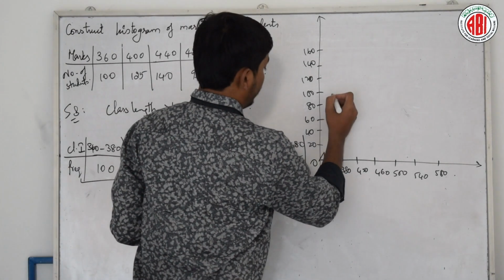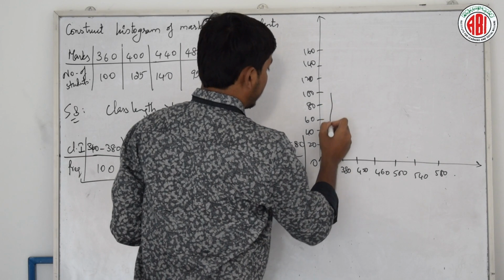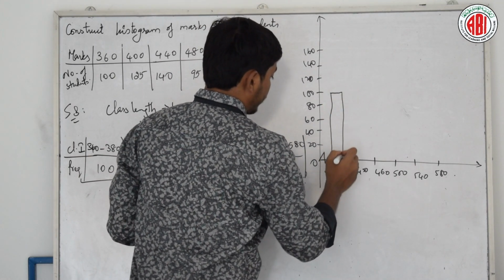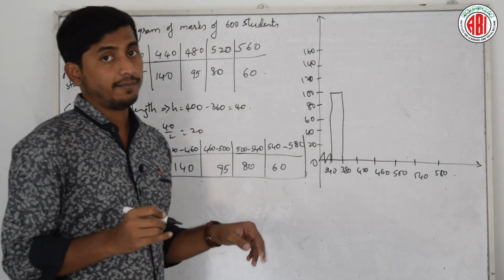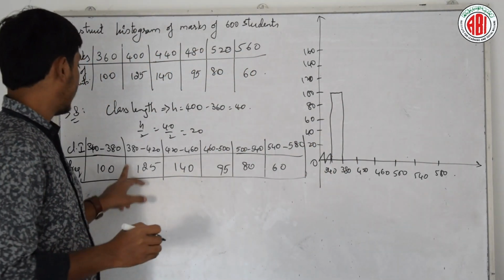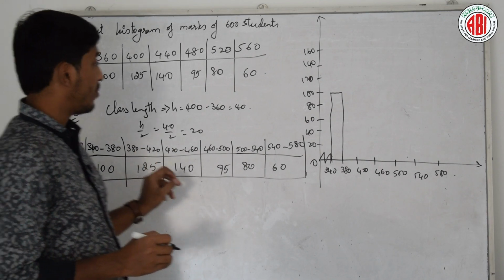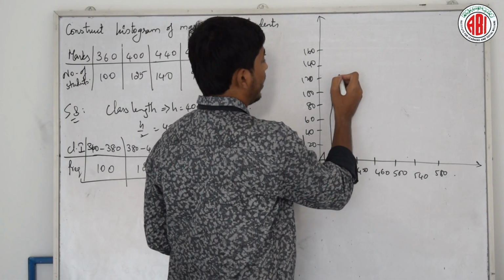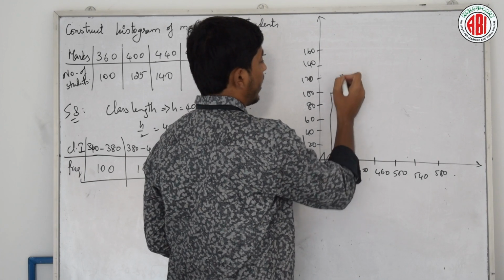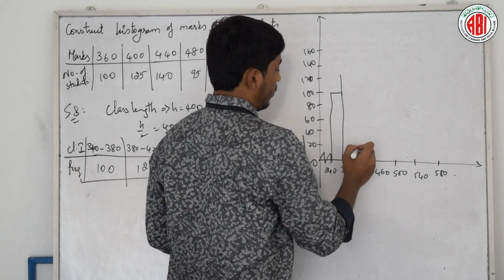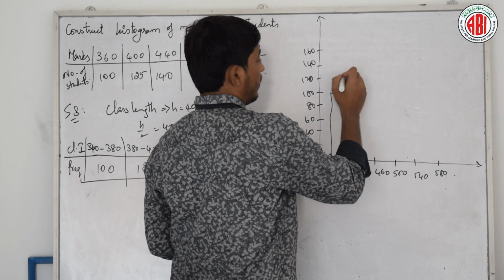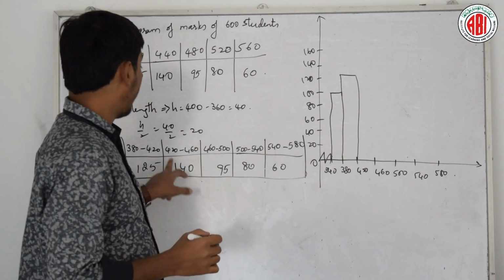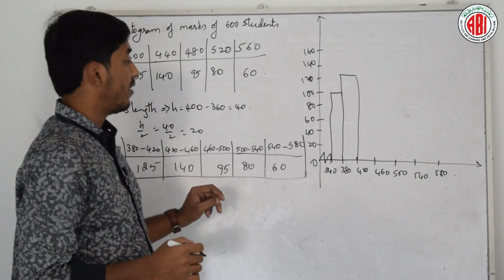Now, from 340 to 380, what is the frequency? 100. Is it fine? Yes? And the next, 380 to 420, that is 125. After that 420 to 460, it is 140.